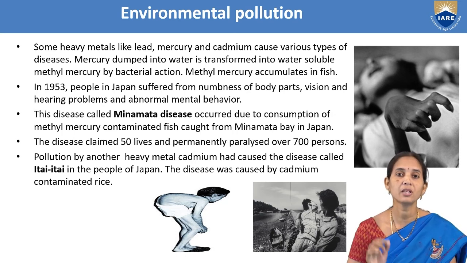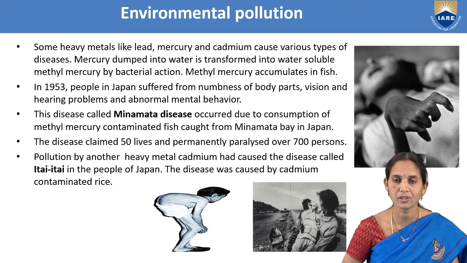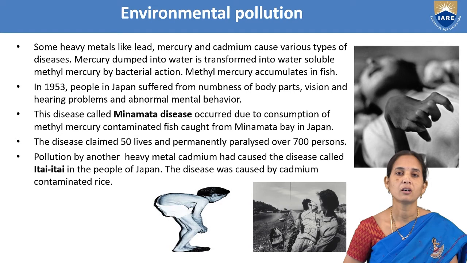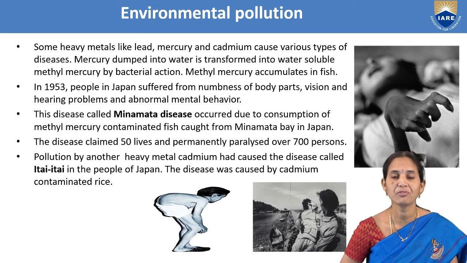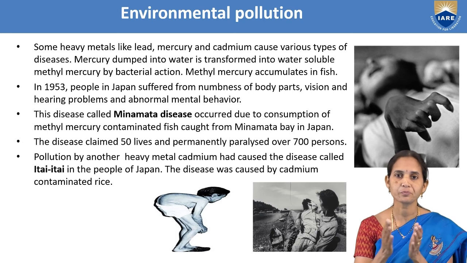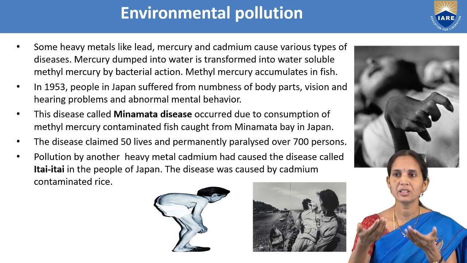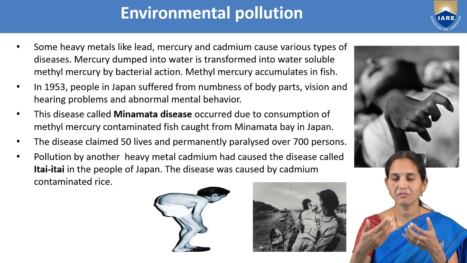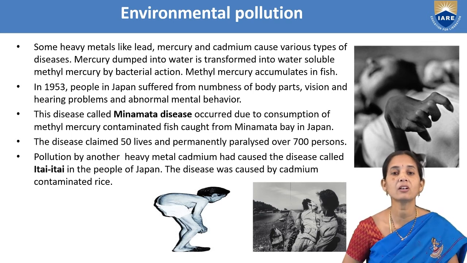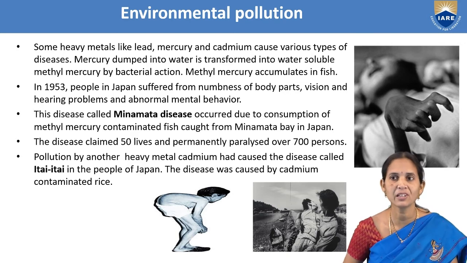Cadmium contaminated rice happens when we use fertilizers and pesticides in the agricultural field for the growth of the paddy field, and that rice is contaminated with cadmium. When people eat that rice, they get Itai-itai disease. That also happened in Japan.